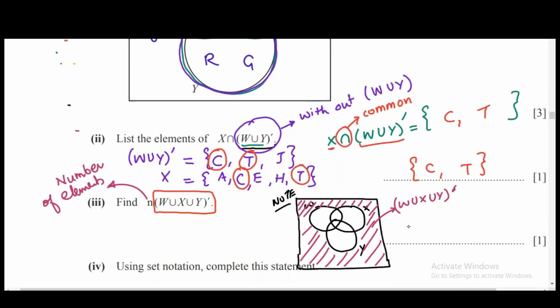If the examiner asks for the number of elements in W union X union Y whole complement, it means we have only one element, because J is only one element. So don't forget to write the final answer as one. This was the note.